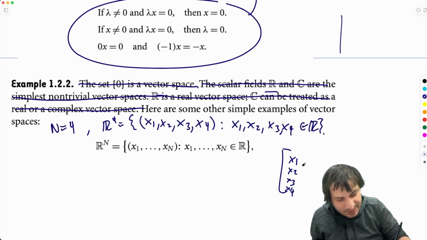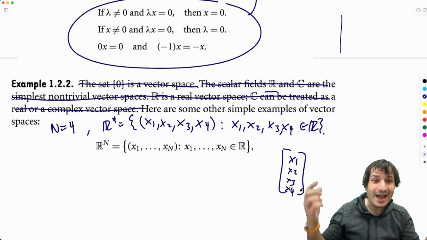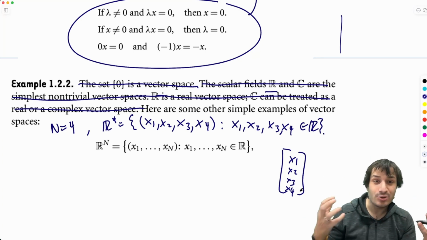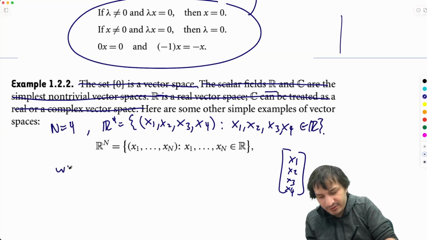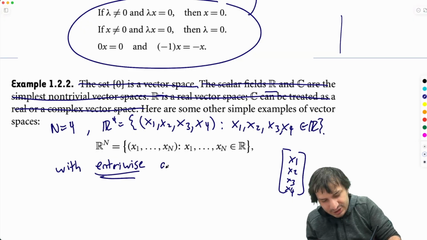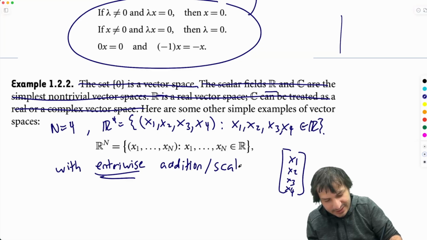And the rule is you add them together entry-wise. So R4 with entry-wise addition, and scalar multiplication.